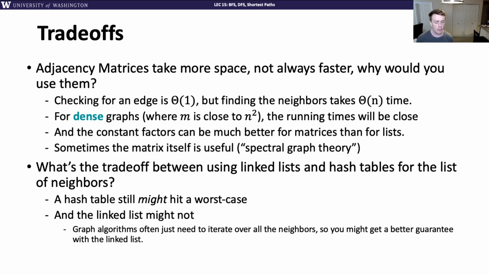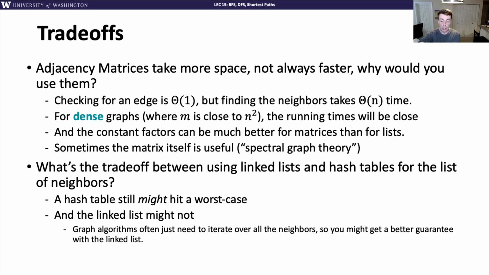Now, we talked a little bit about this on Monday as well, which is that there are some trade-offs between when you should use an adjacency matrix versus when you should use an adjacency list. Adjacency matrices take more space, and they're not always faster. Sure, adding an edge and checking if an edge exists are faster, they're constant time. But some of those other ones, like get all the neighbors, took O of n time, even if you had relatively few neighbors.